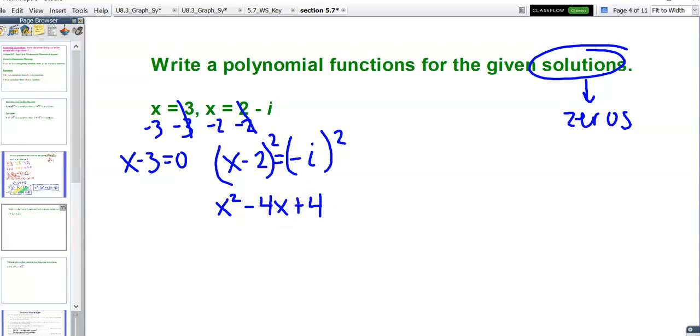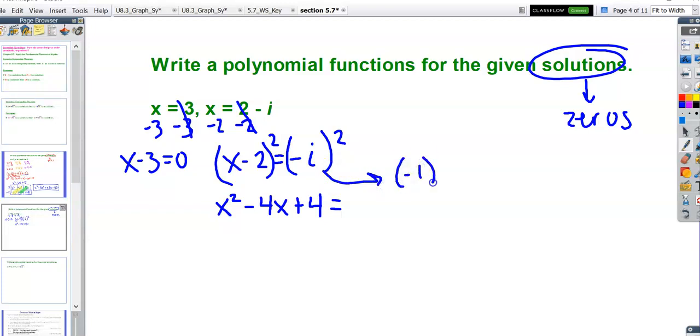And then when we take negative i squared, this one's kind of tough. This is kind of like negative 1 squared times i squared. i squared is equal to negative 1. Negative 1 squared is equal to 1.